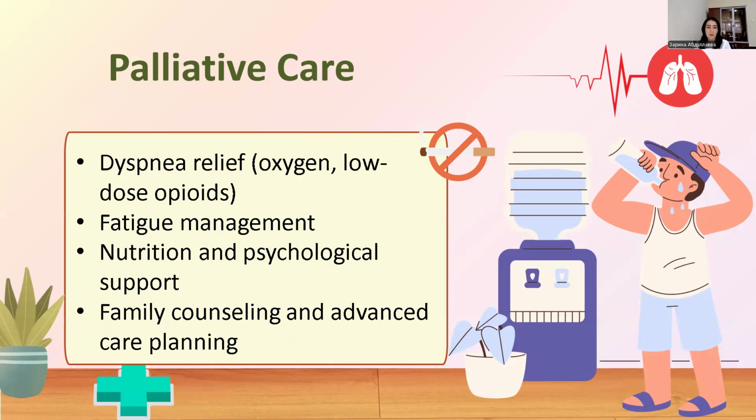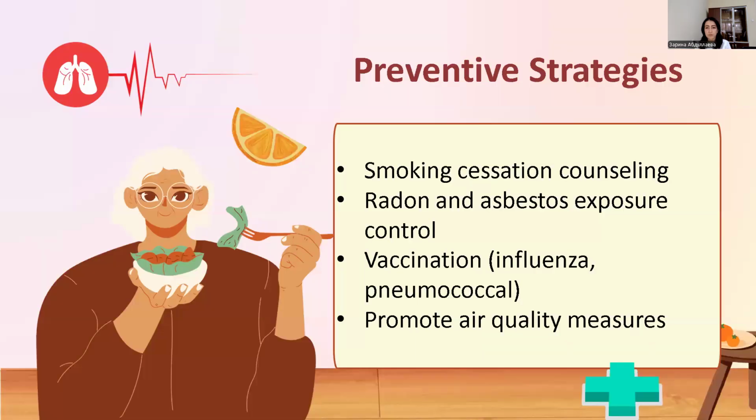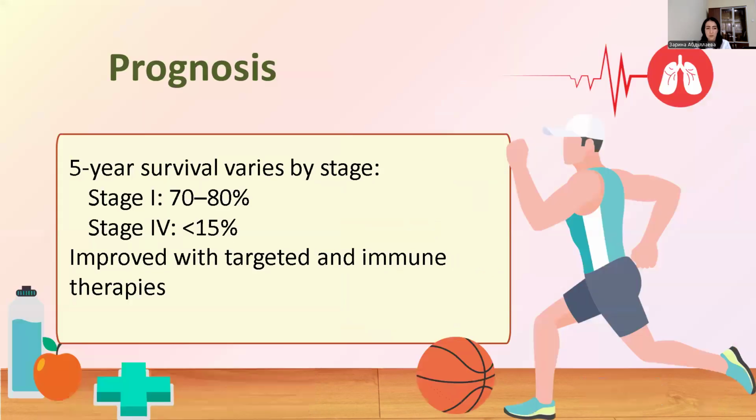Palliative care includes dyspnea relief, oxygen, low-dose opioids for pain relief, fatigue management, nutrition and psychological support, family counseling, and advance care planning. Preventive strategies are mainly smoking cessation, radon and asbestos exposure control, vaccination for patients who have chronic conditions like COPD, and promoting air quality measures.